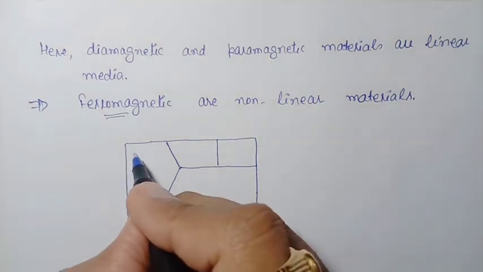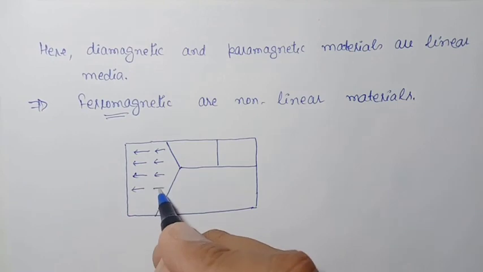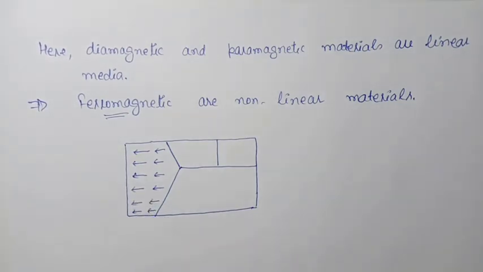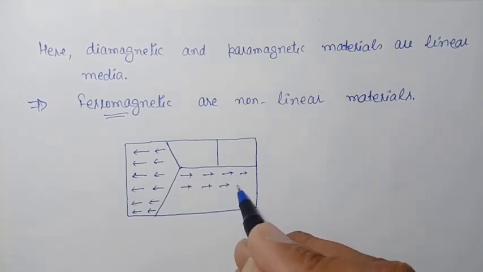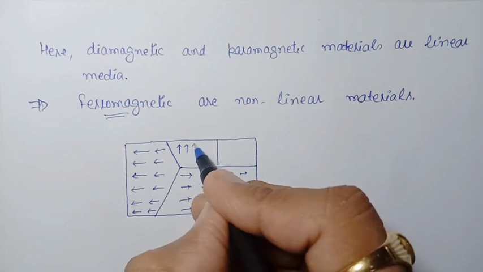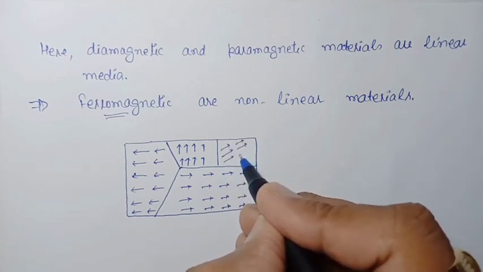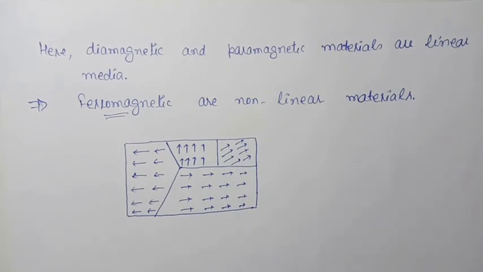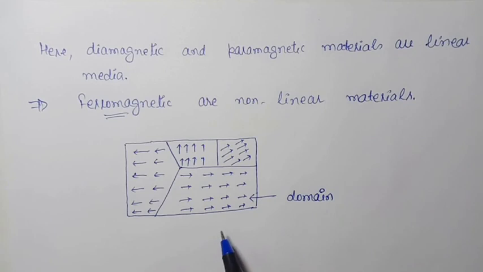Suppose in the first domain the magnetic dipoles are oriented in this direction, in this domain they are oriented like this, and here and in this case they are oriented like this. This is known as a domain. It means in each domain all the dipoles are arranged in a particular direction.